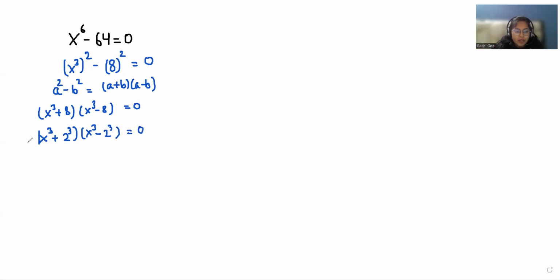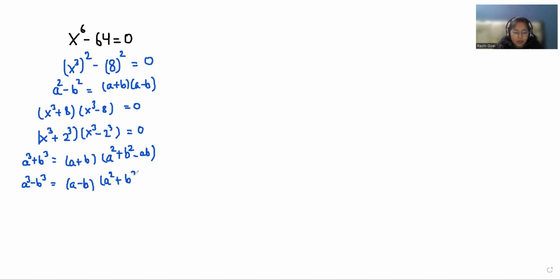Now we can use the very famous identities of a cube plus b cube and a cube minus b cube. So a cube plus b cube is (a plus b)(a square plus b square minus ab), and a cube minus b cube is (a minus b)(a square plus b square plus ab).